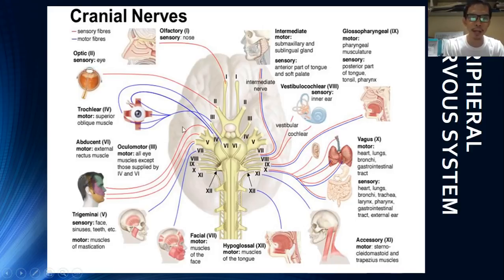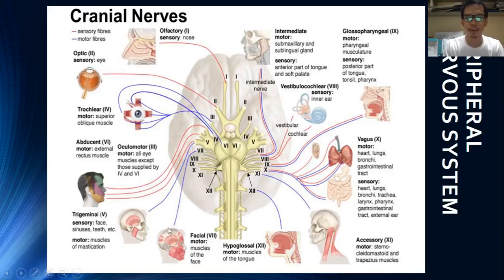Next one is the nerves that are connected to the muscles of the eye. So it allows the eyes to move in different directions. There are nerves that are connected to the nose and to the eye itself, the optic nerves.